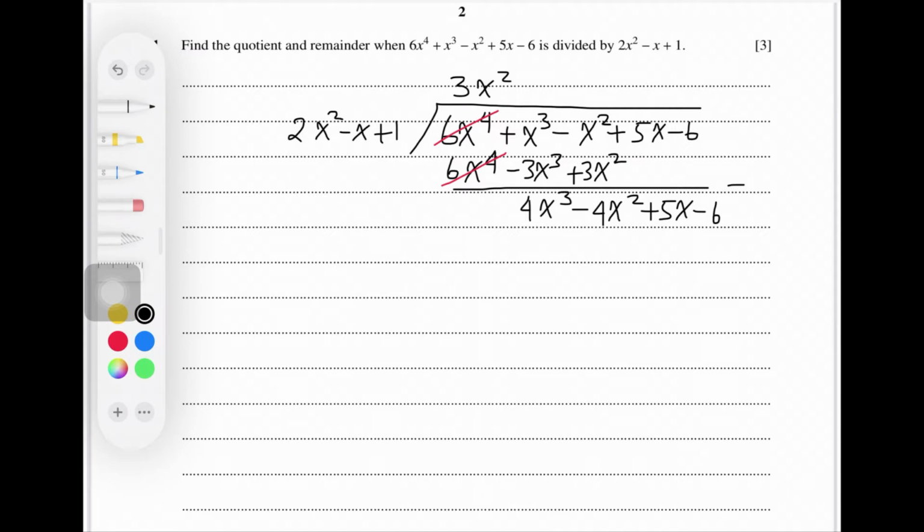We do the same process now. We have to eliminate 4x cubed, so we multiply 2x squared by 2x, so plus 2x.